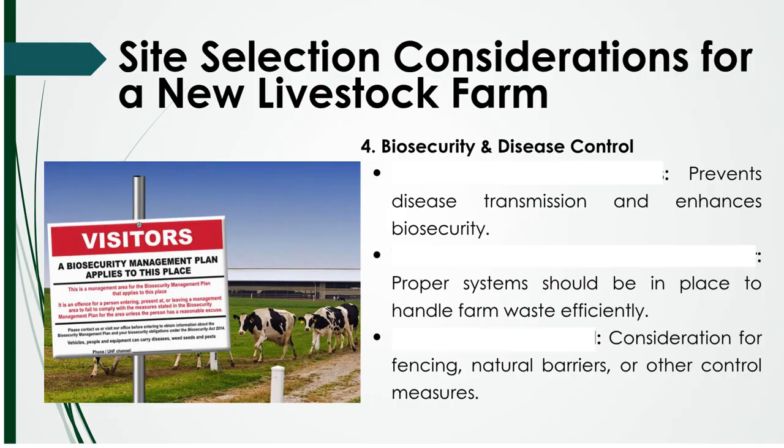For example, we farm sheep, and at the same time we also train a dog to be the herder for the sheep. So that's all the things in biosecurity and disease control.